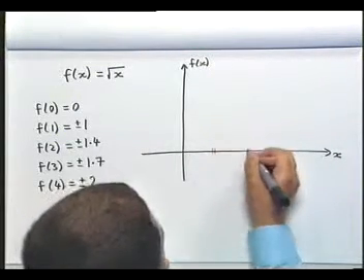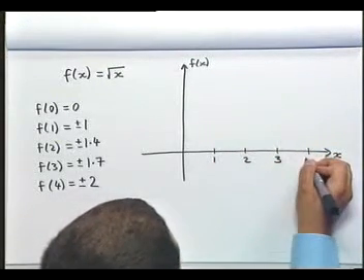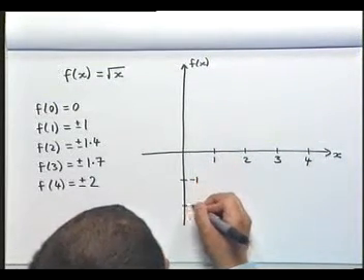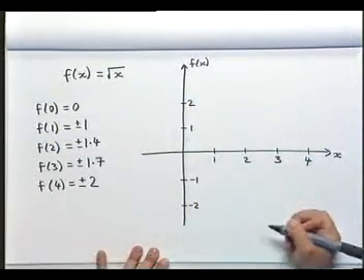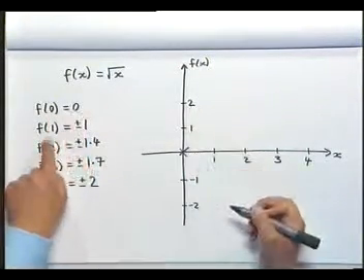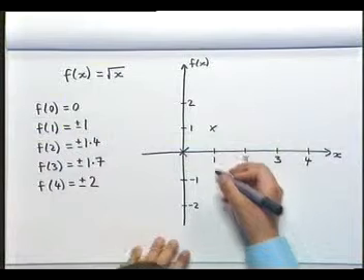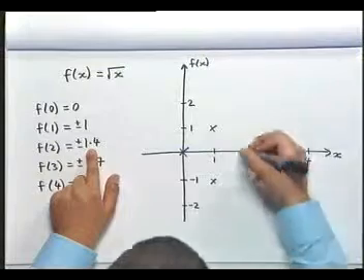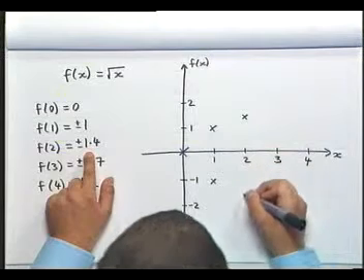We've got 1, 2, 3, 4. And on our vertical axis we have -1, -2, +1, +2. And the points we've got: 0 and 0, 1 and +1, and also 1 and -1. We've got 2 and +1.4, so round about there, and also 2 and -1.4.